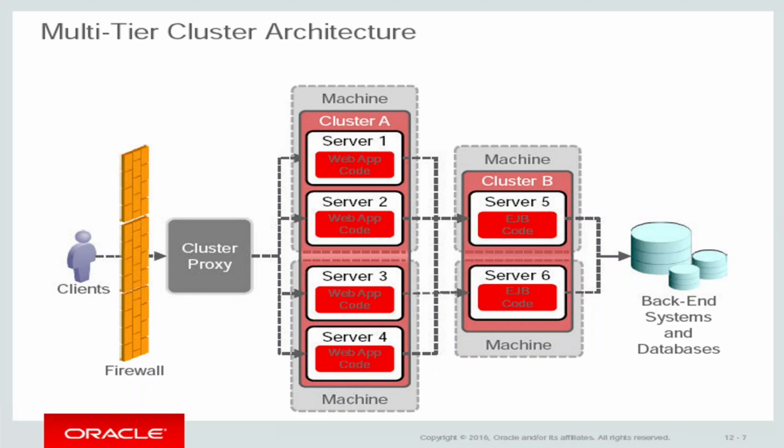So when we are creating our architecture, we can have our front-end application or web app code in a separate cluster, and our EJB code, or backend services, running in a separate cluster. And the web application calls the backend services or EJB code from the application, so it can call the backend cluster.